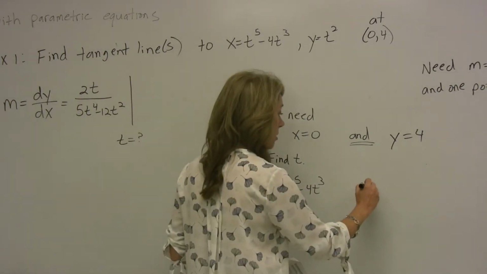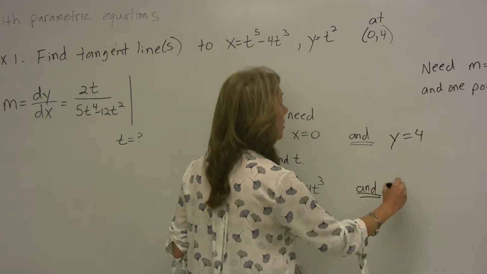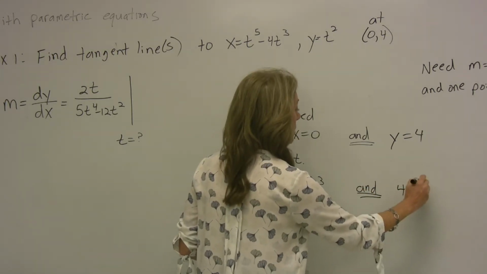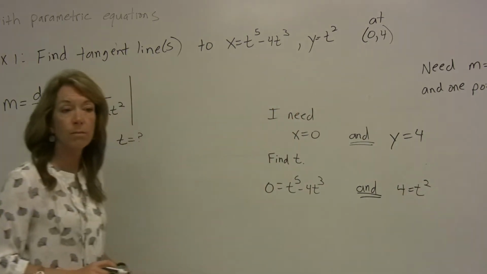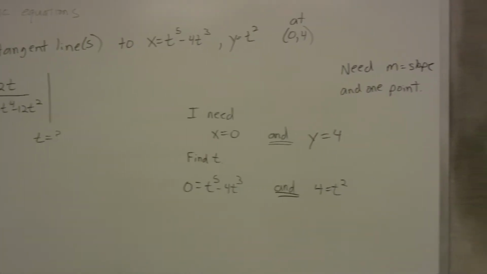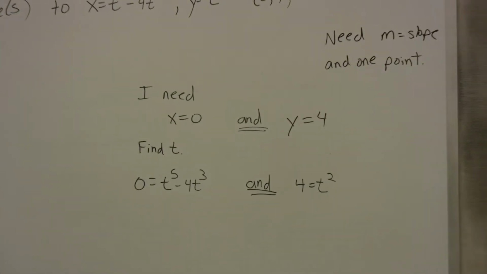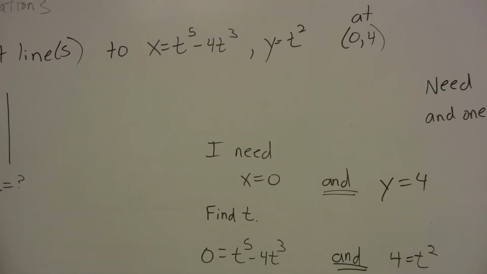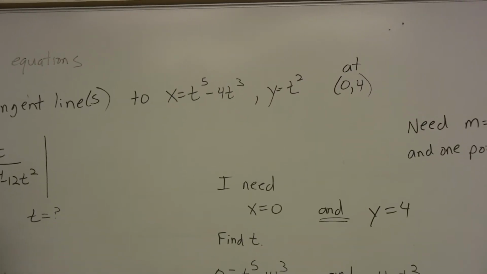And I need 4 equal to t squared. Now I have to solve both of these. The whole goal is I'm trying to find the t that puts me through that point.